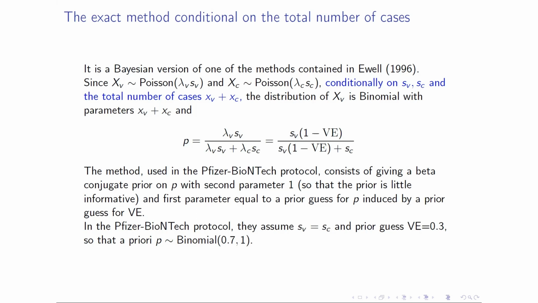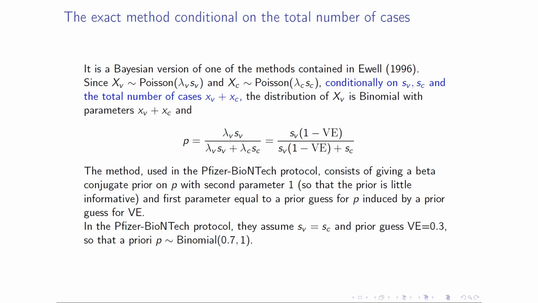So if you consider just the number of infections under vaccine, XV, the number of infections under control, XC, and you condition on SV and SC, which are the total surveillance times, and on the total number of cases, you use them as if they were constant, then everything is easy.